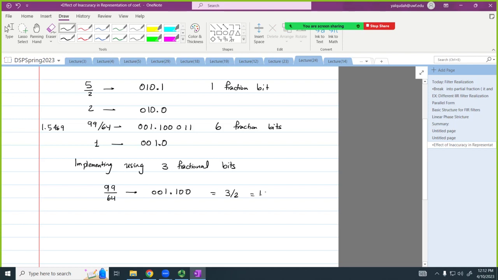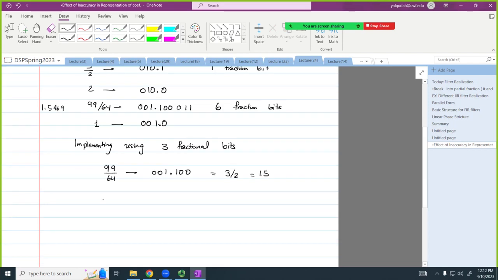Okay, great, 1.5. So we come back to the filter that we're trying to implement.